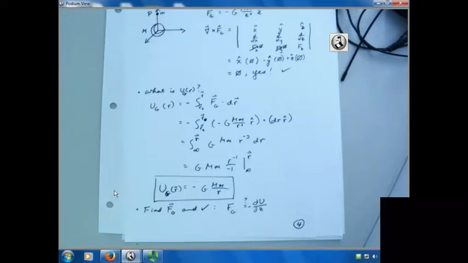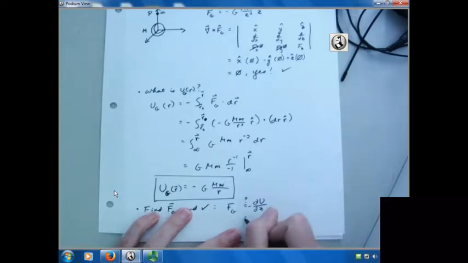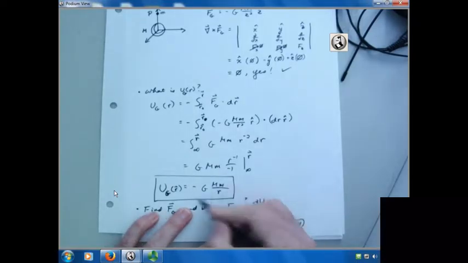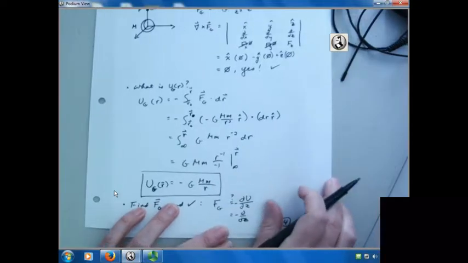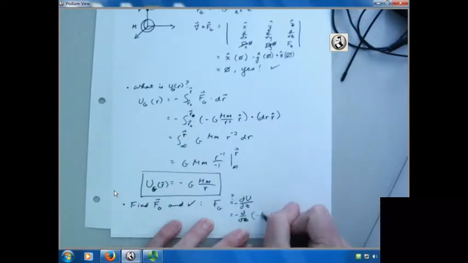Go ahead and start working it then. So is this equal to minus the partial with respect to z of the expression that I found here, which for particles on the z-axis boils down to minus G m M over z?